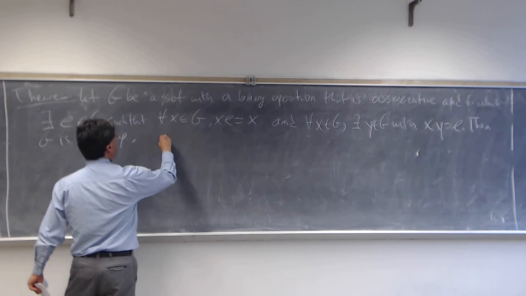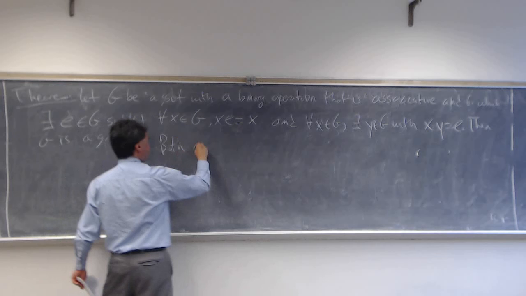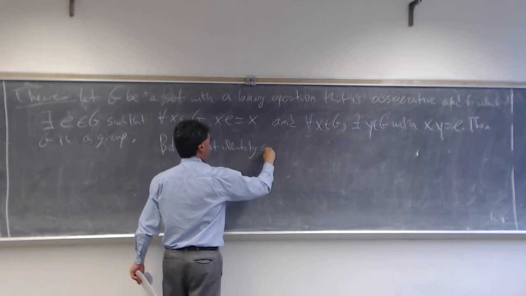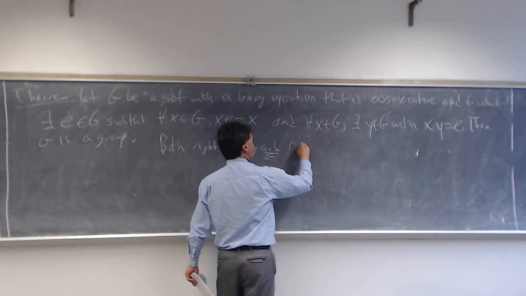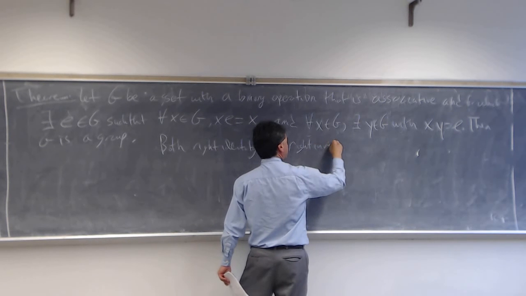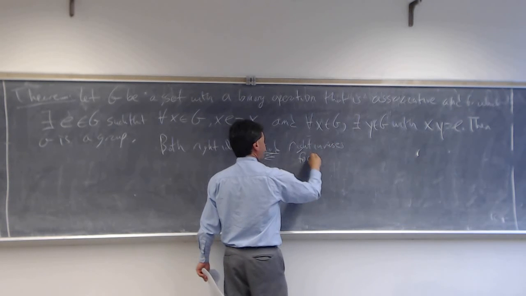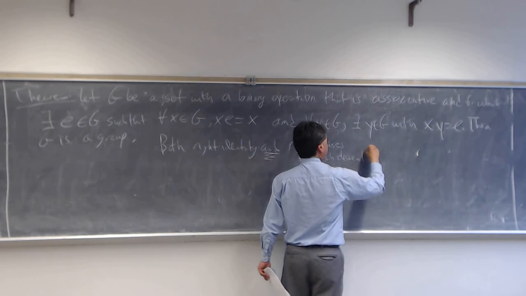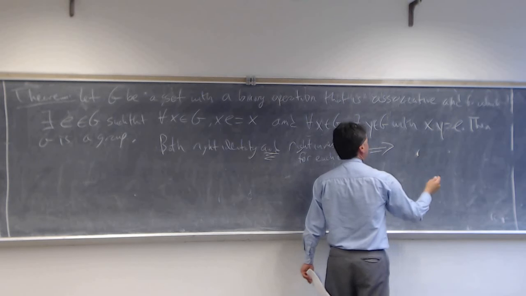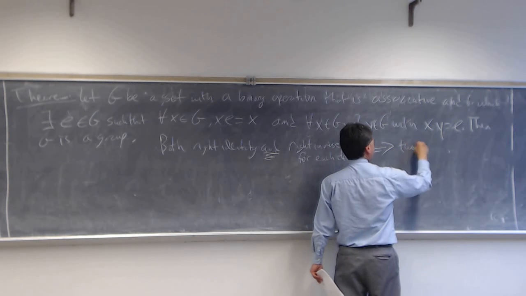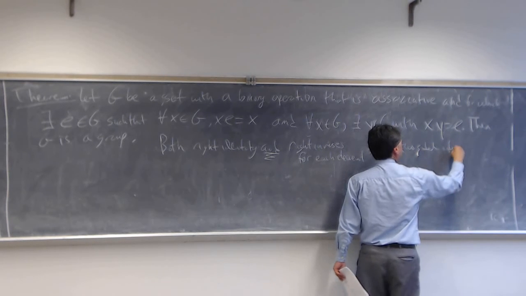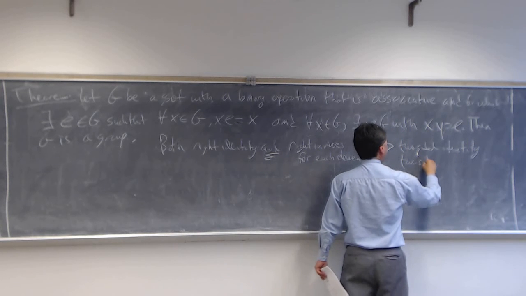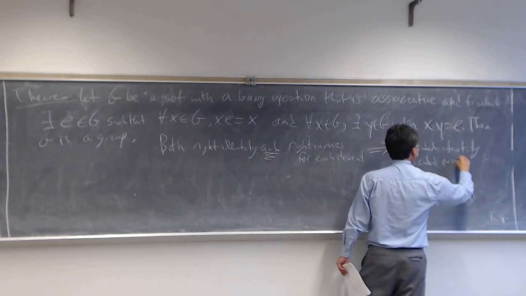In words, both a right identity and right inverses for each element means you in fact have a group, with a two-sided identity and two-sided inverses.